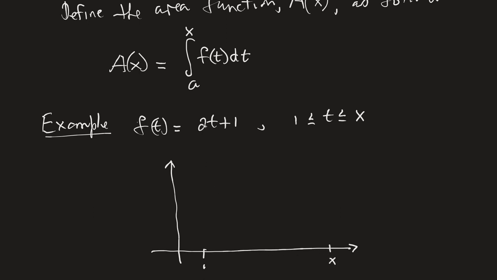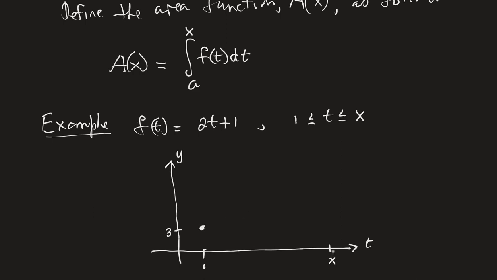Now this is a linear function with positive slope, so as t gets bigger, y gets bigger, right? So we know what it's going to look like. So let's figure out what the y value is that corresponds to t equals 1. If I plug t equals 1 in here, I end up with a value of 3. So that's the first point on the line.